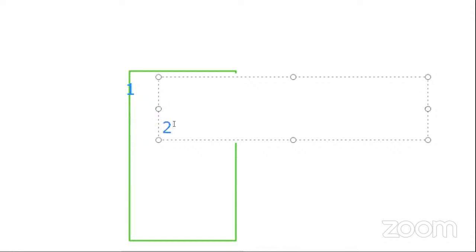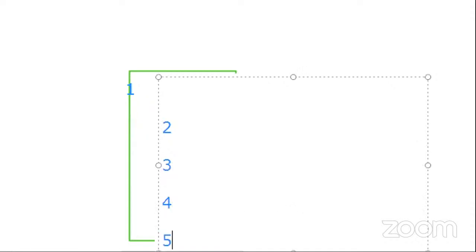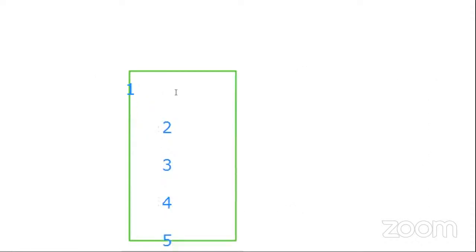Think its size is 5. The hash table size is 1, 2, 3, 4, 5. I have taken it like this.